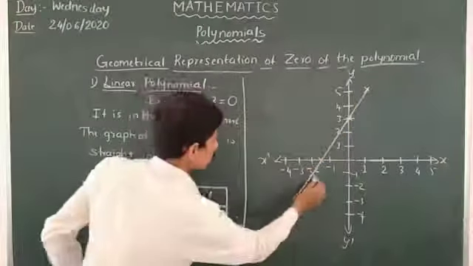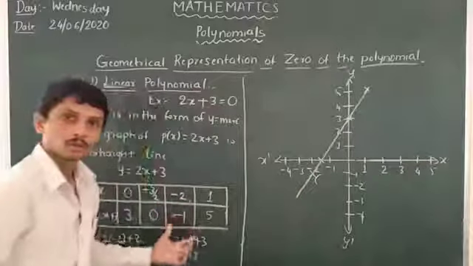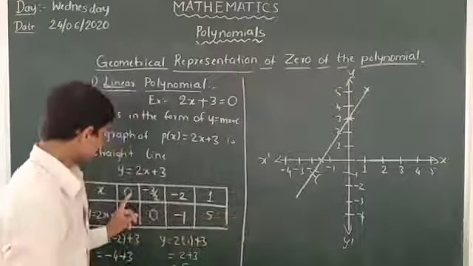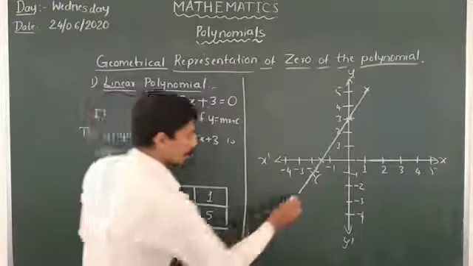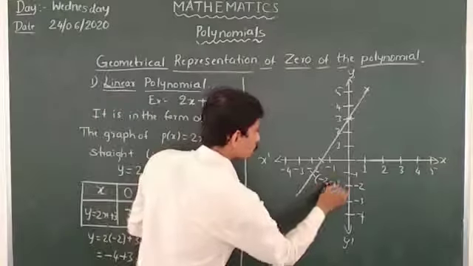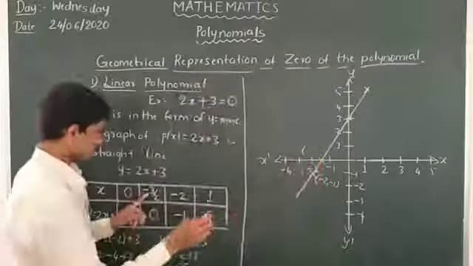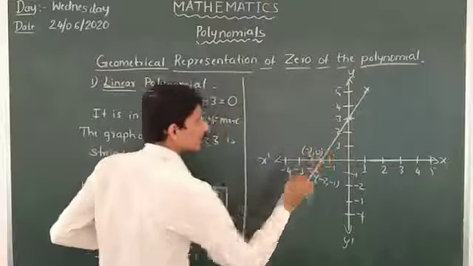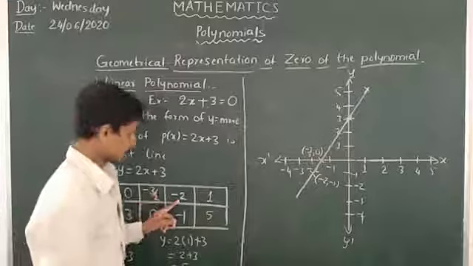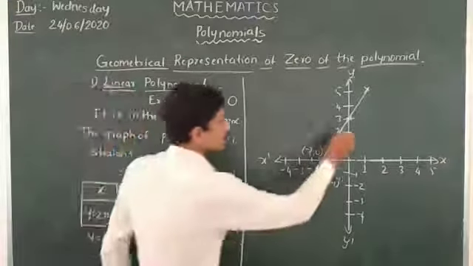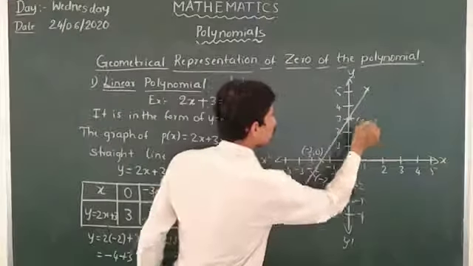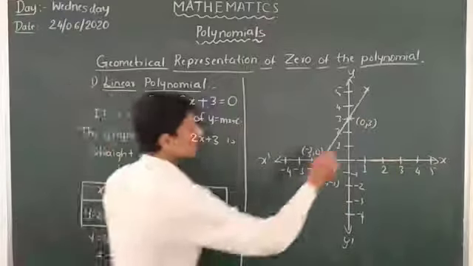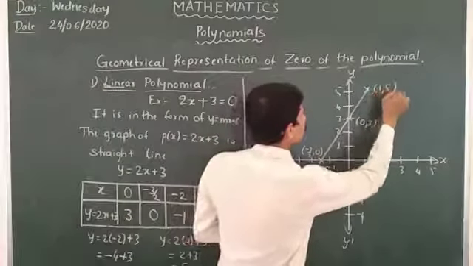After that we have to mention the points here: -2, -1; -3 by 2, 0; 0, 3; and finally 1, 5.